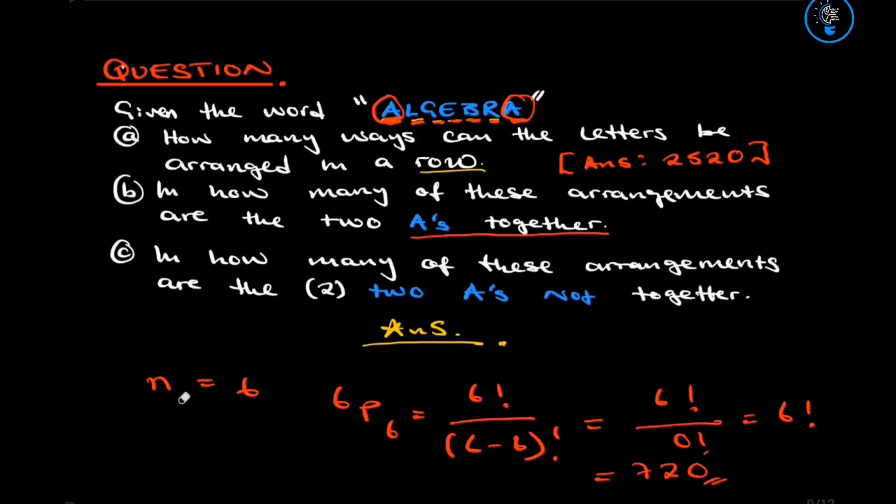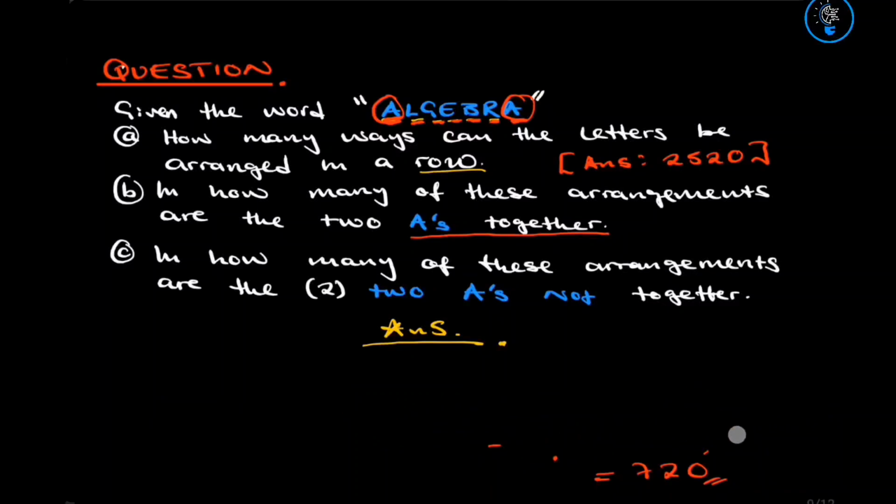Okay, let's now dive into the last part. So the last part reads, in how many of these arrangements are the two A's not together? Not together. I want you to pause the video and think, how can we go about this question? You're told to find the number of arrangements if the two A's are not together.